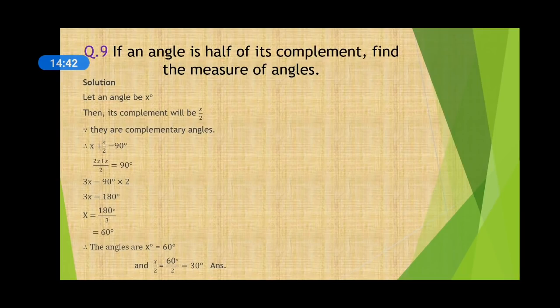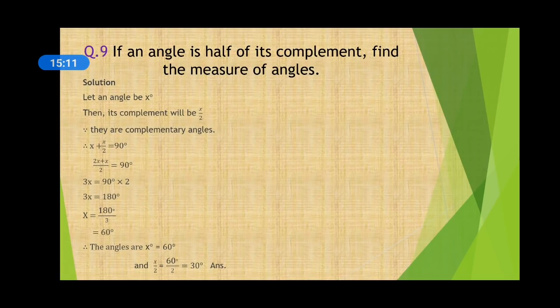So 3x upon 2 equal to 90. Now here you can cross multiply. So you'll get 3x as 180 degree and x as 180 degree divided by 3, that is 60 degree, right?